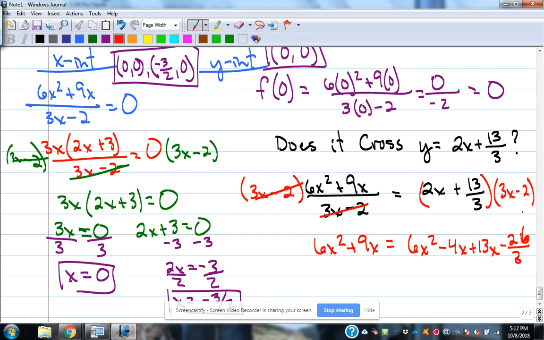So, a nice ugly number there. But it simplifies out. We got 6x squared plus 9x equals 6x squared plus 9x minus 26 over 3. What happens to the 6x squareds on each side? And the 9x's on each side?